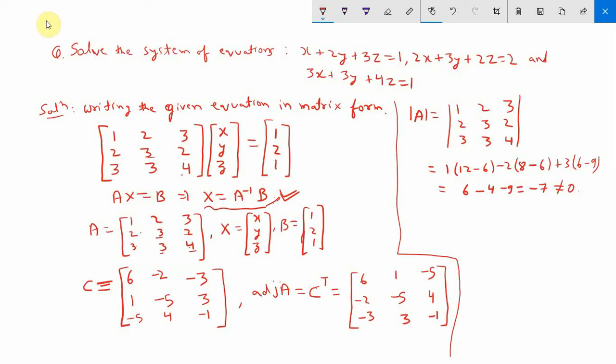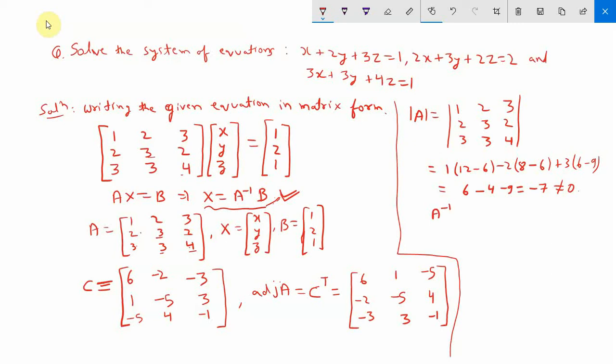Now we remember the system of equations given are non-homogeneous equations, and determinant of A is not equal to 0. Okay, friends. So this will have a unique solution, and A inverse will exist.